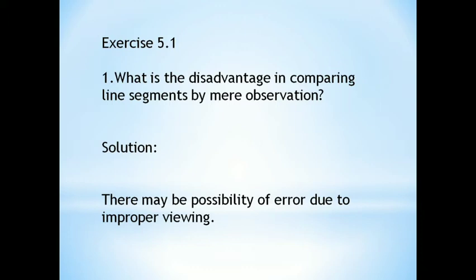In this video we have already studied how we have to observe the ruler and in which direction we have to see the measurements on the ruler so that we get proper construction. So while comparing line segments by mere observation, there may be a possibility of error due to improper viewing.